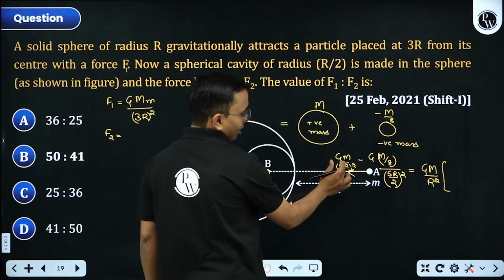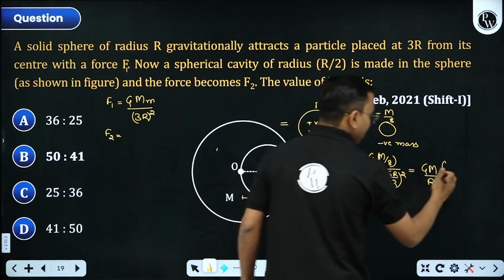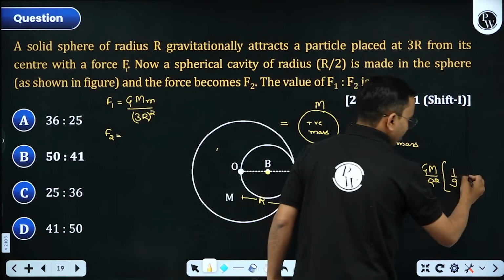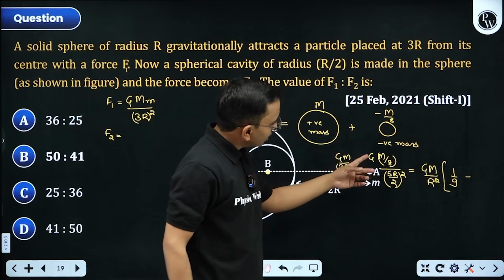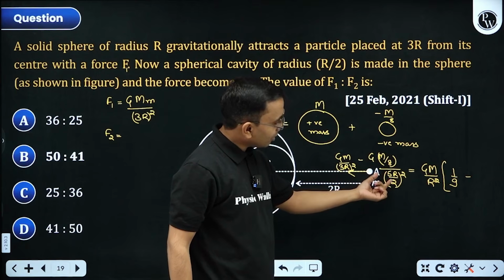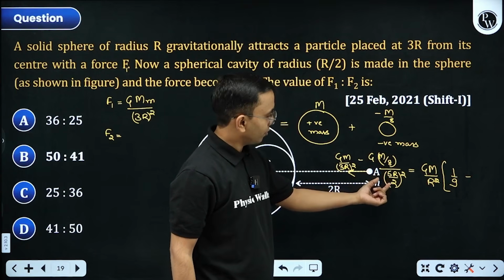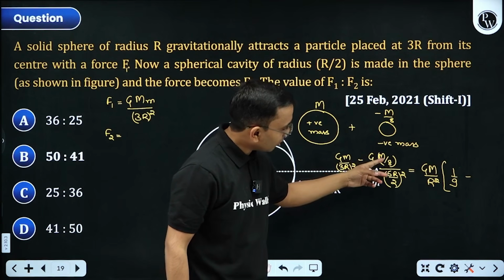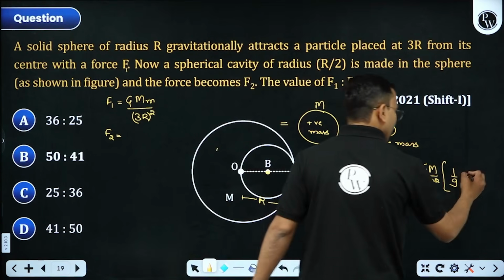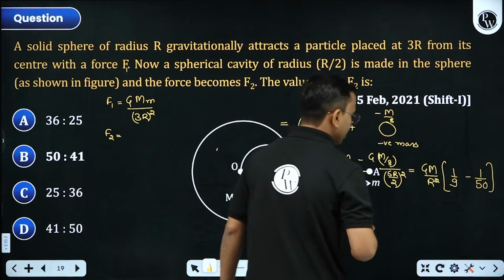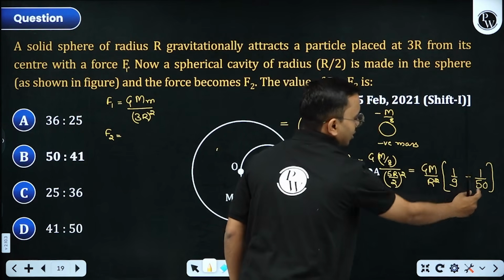Inside the bracket it will become 1 by 3 square, that is 1 by 9, minus 1 by 8, and then 5 by 2 square, which will become 25 by 4. 4 into 2, so this will become 25 into 2, that is 50. How much is it now?